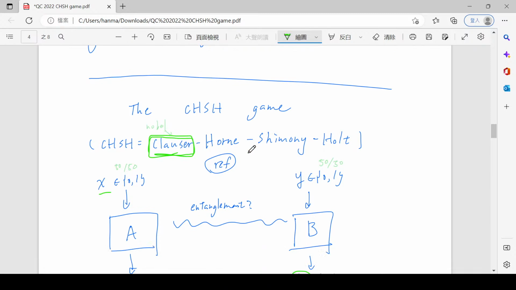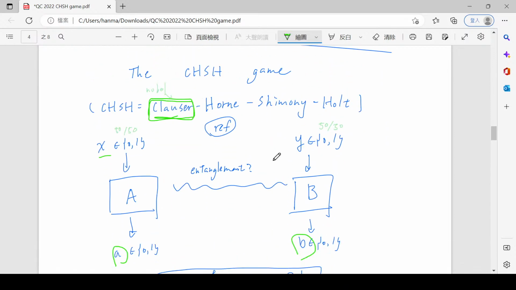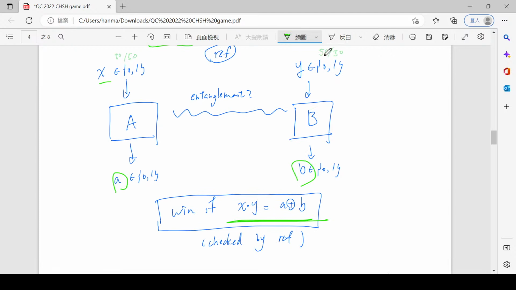Okay, let's go back to the more mathematical part. This is again Alice and Bob. Let's look at this once again, because all the analyses are going to build around this.